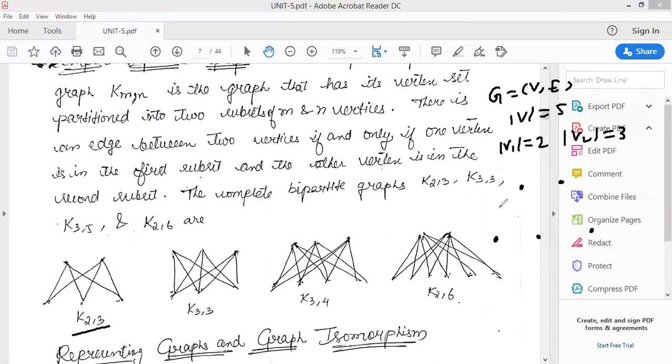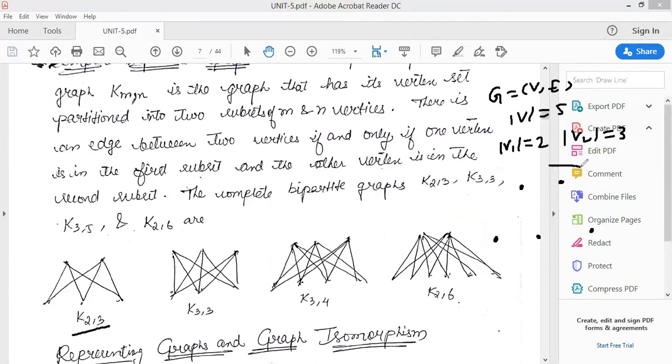Now, a complete bipartite graph means there is an edge between two vertices if one vertex is in the first subset and the other vertex is in the second subset.